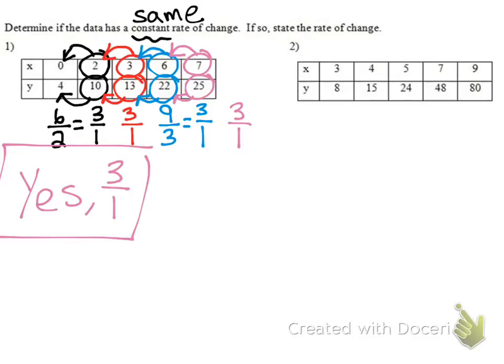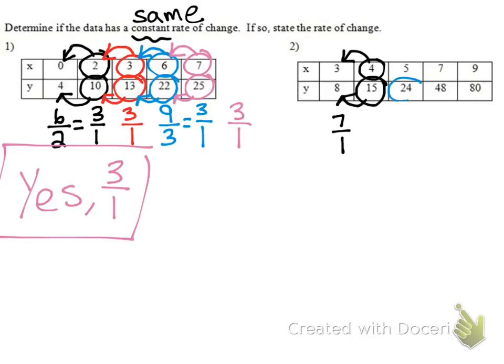All right, let's jump into number 2. I'm going to start again with my y's. What is 15 minus 8? 7. Good. And what is 4 minus 3? 1. So I'm hoping to get 7 over 1 each time. If I don't, I can stop and just say no, not a constant rate of change.